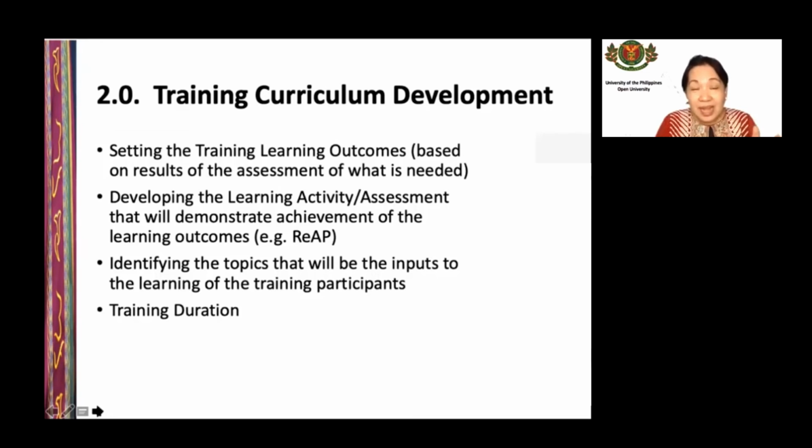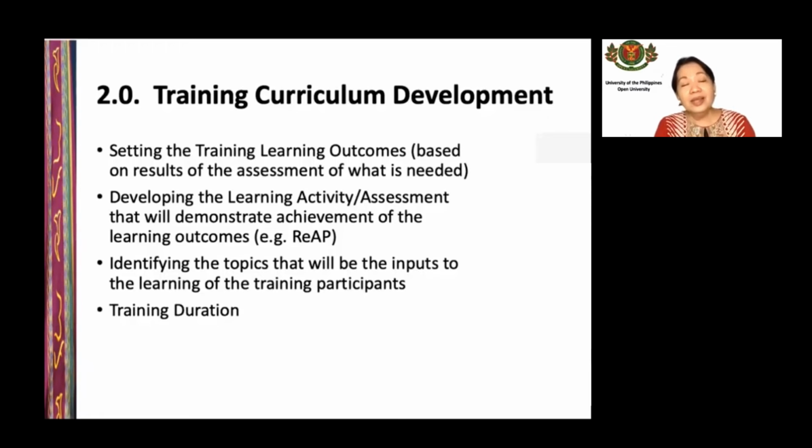Kung ano yung gusto nating mangyari, the learning outcomes that we hope to see at the end of the training program. So you have to determine that. And then of course you develop what will be the learning activity that will demonstrate the achievement of the learning outcome. So for instance, in the case of this training program, what we are asking of you at the end of the training program is your re-entry action plan.